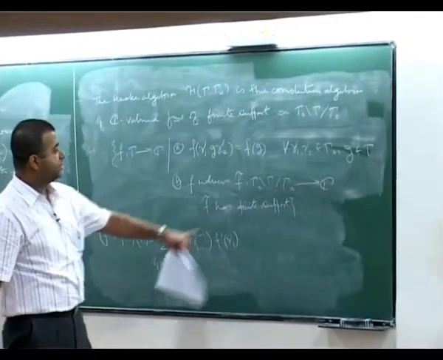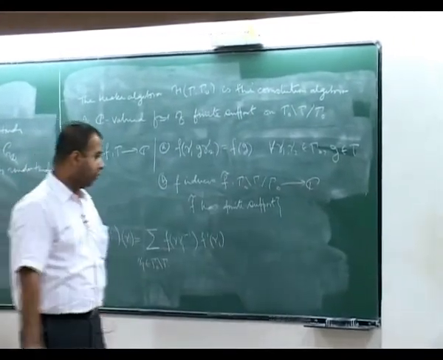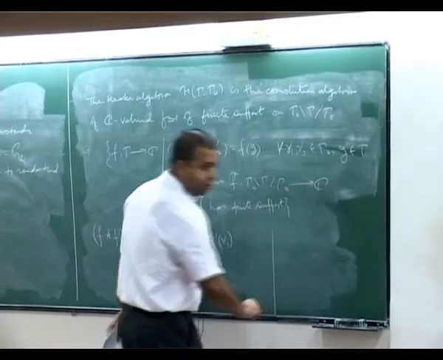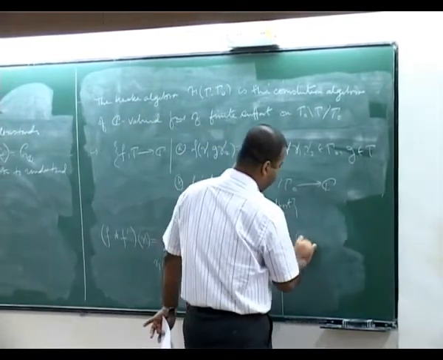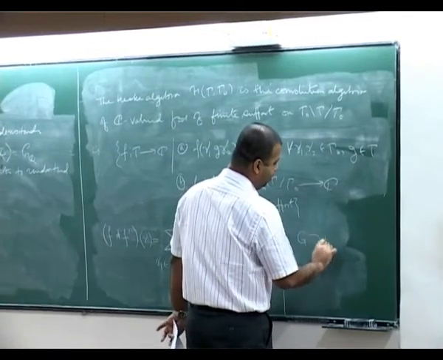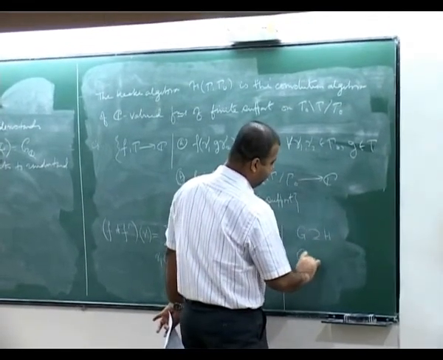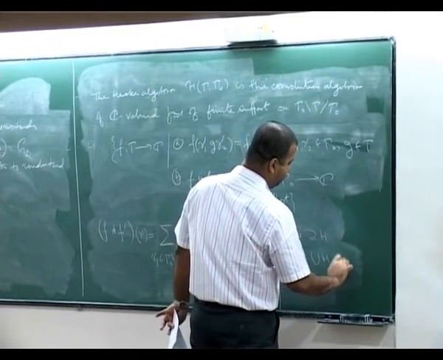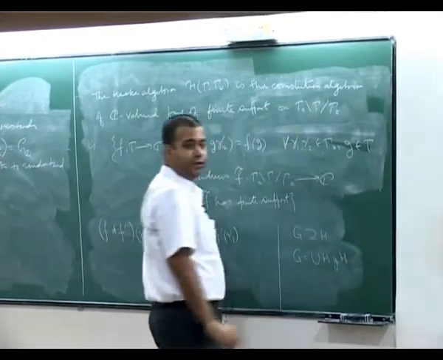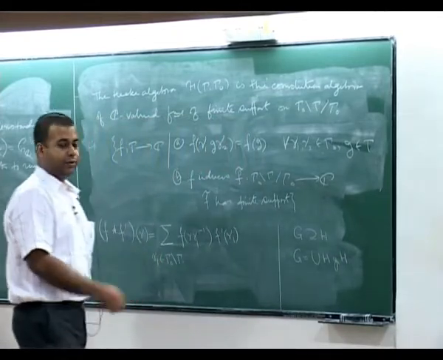What is the space of double cosets? If you have a group G and a subgroup H, then G decomposes as a disjoint union like this, and these are called the space of double cosets.